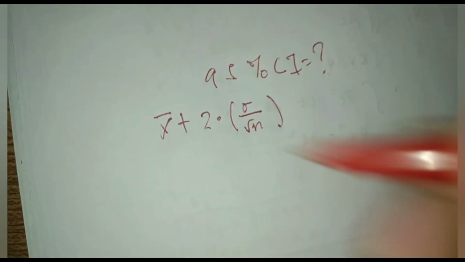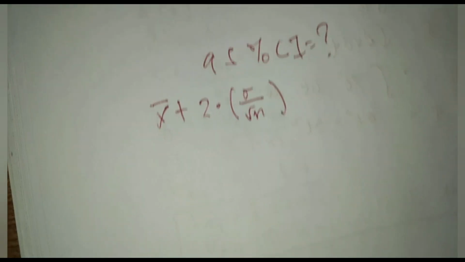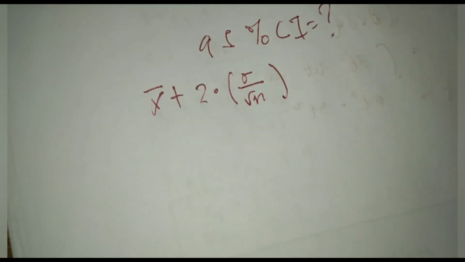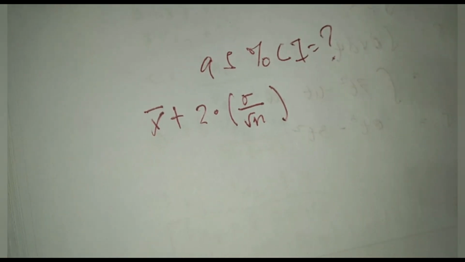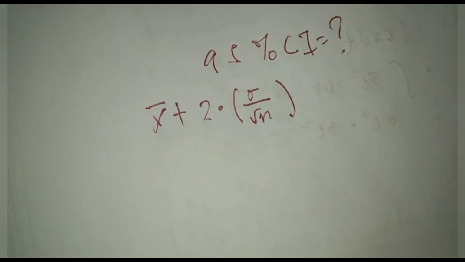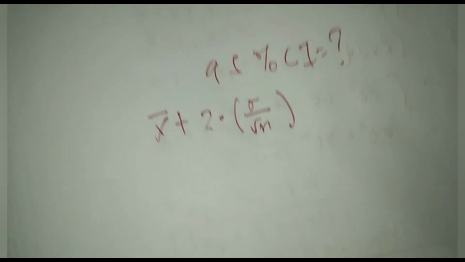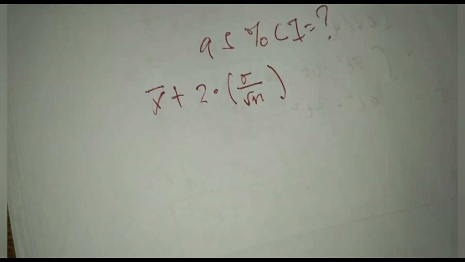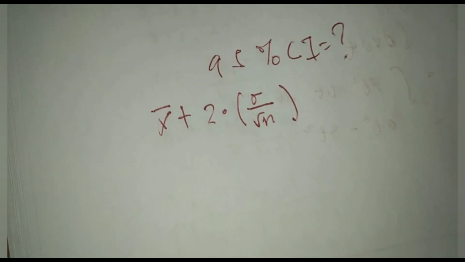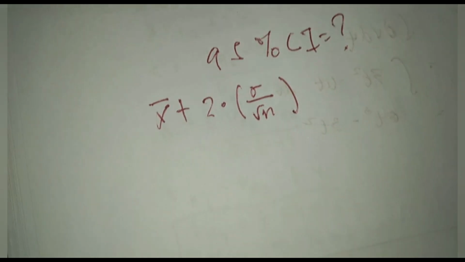The mean weight is equal to 240, and the z for 95%, by looking at the table, is equal to 1.96. The standard deviation is 25 pounds, and the sample size of the foot surgery patients is 10.